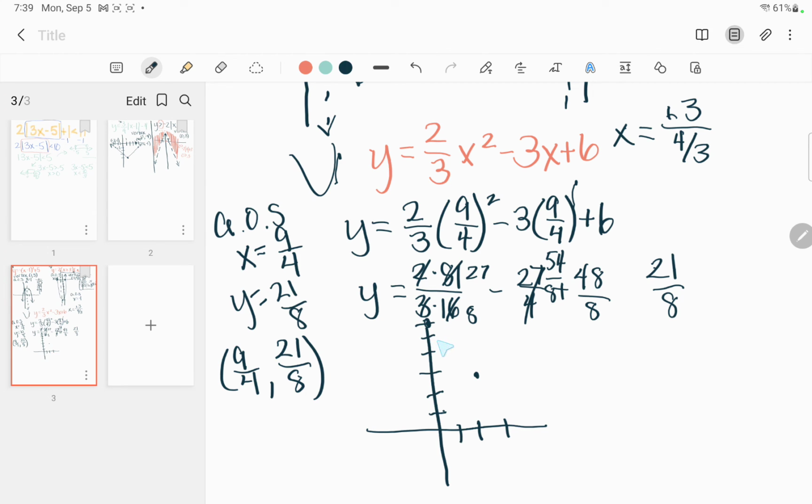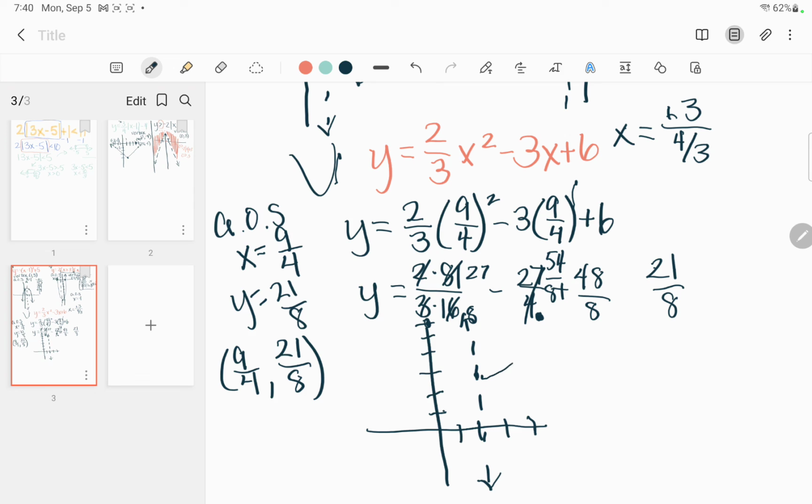So what I can do to get that reflection, my apologies for this hot mess of a graph, is to just reflect directly across the axis of symmetry. So 2.25 units on the other side would bring us to 0.75, 1.75, and another 0.5 would bring us to 4.5, comma 6.